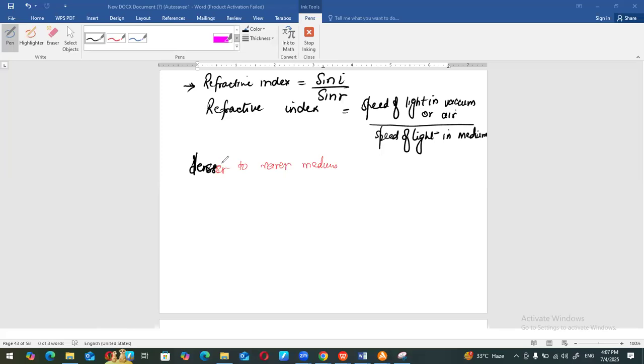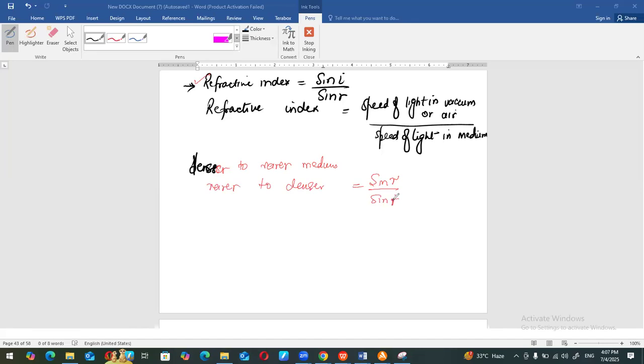Whenever it goes from denser to rarer medium, this law will be applicable. If the light goes from rarer to denser medium, then the formula will be reversed. It will be sine r over sine i.